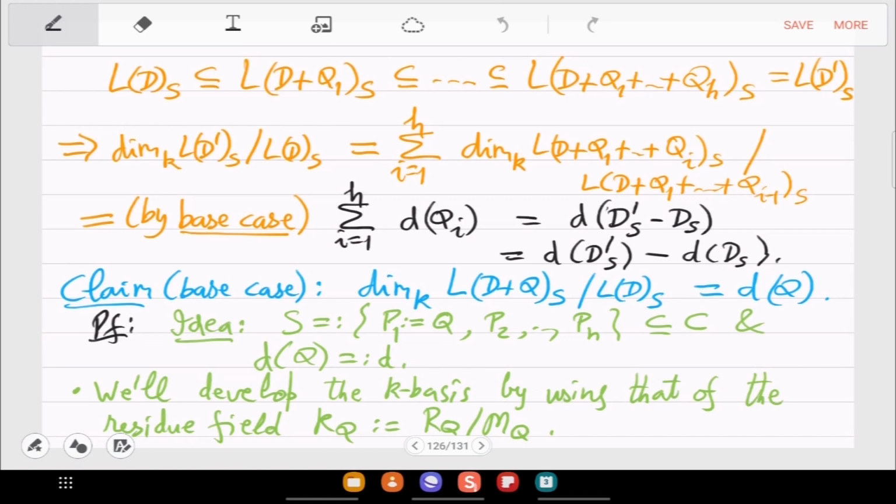Unsurprisingly, we will actually look at the neighborhood around Q, right? Because Q is the new thing, so we want to understand what happens when you add Q to the divisor D. So you look in the neighborhood of Q, which means you are looking at the germs.